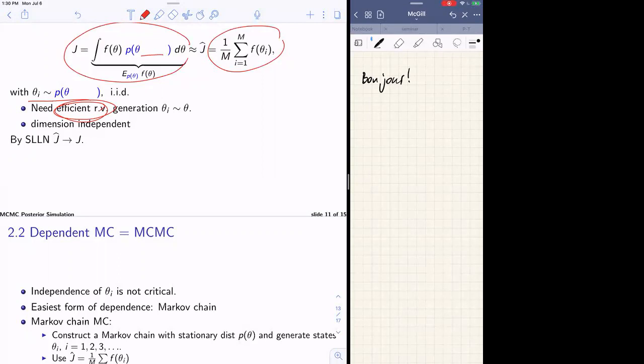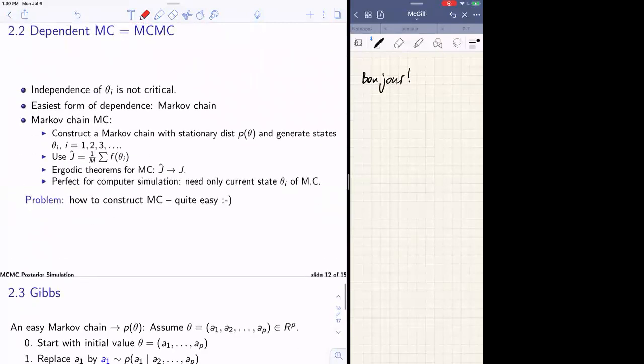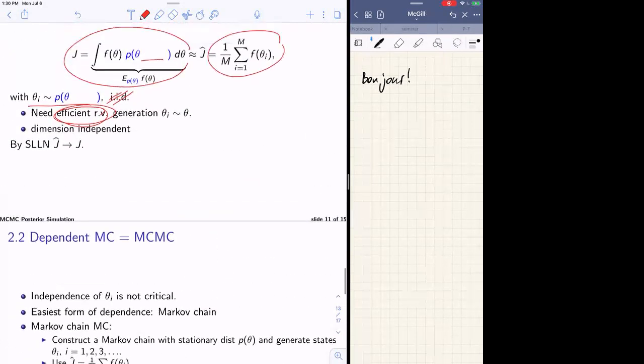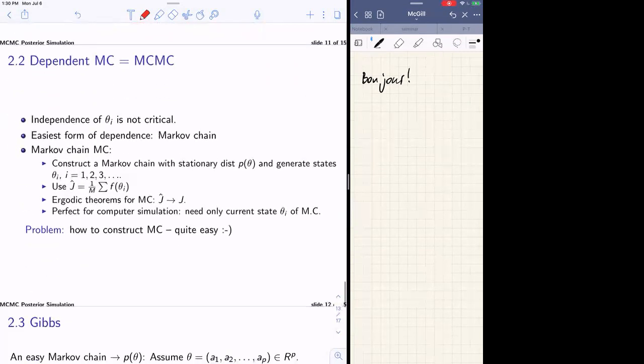However, there's one nice little trick. It's actually not critical that this be IID. The theta i's could be dependent. You can allow dependence, and that sample average on the right-hand side, also known as the Monte Carlo estimate, need not be based on an independent Monte Carlo sample.